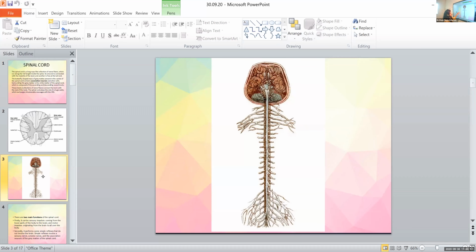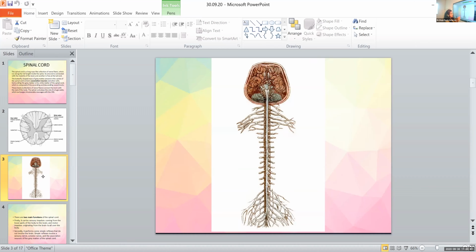See here, inside the backbone, it is covered by the backbone, and inside that we have the rope-like structure, that is the spinal cord. From the brain, in the hindbrain, we studied about the medulla oblongata last class, right? From there it connects to the spinal cord. The brain and spinal cord are the organs that form the central nervous system.